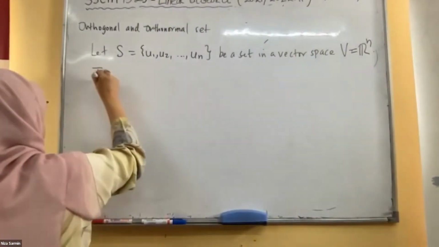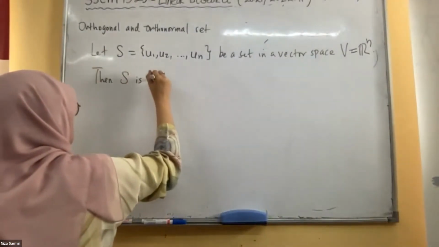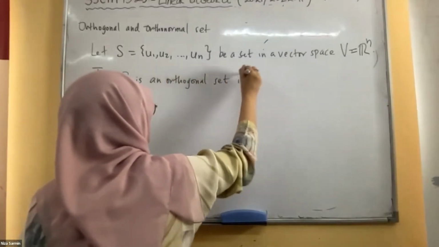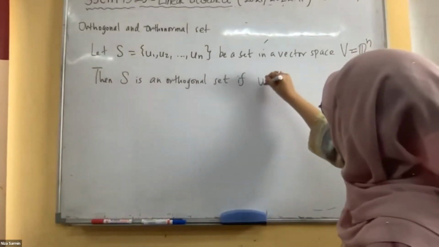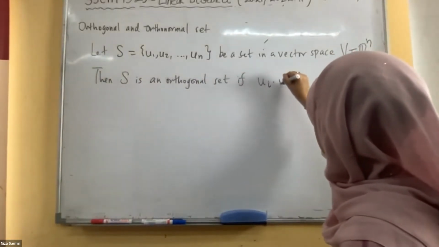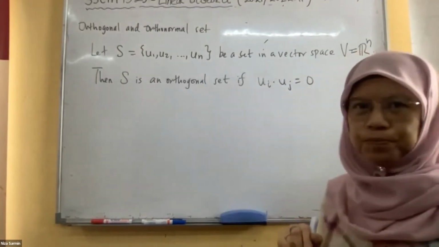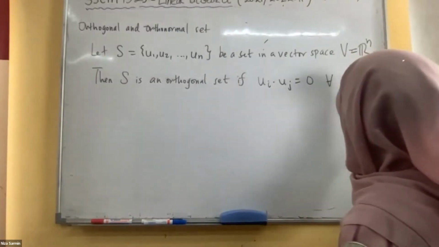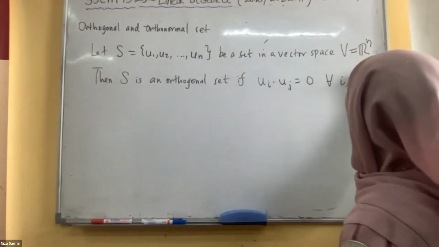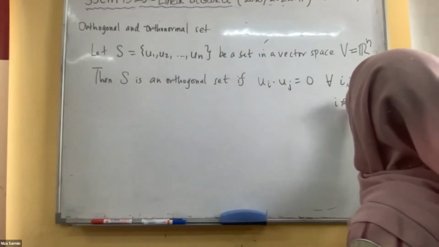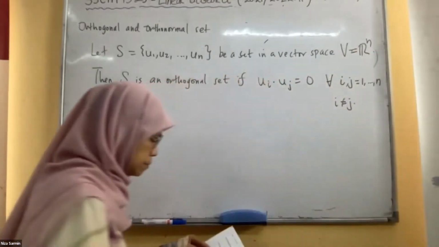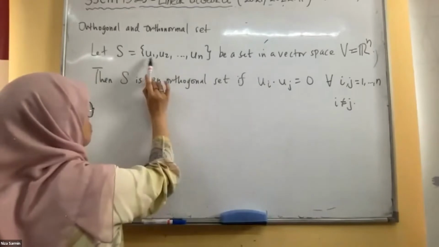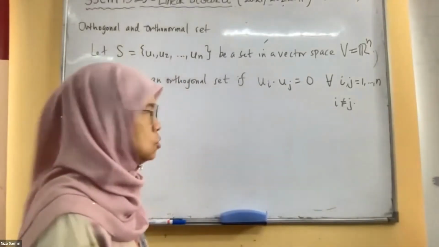Then S is an orthogonal set if ui dot uj is 0 for all i, j equal to 1 to n, i not equal to j. ui, uj is any two, u1 dot u2 and so forth.